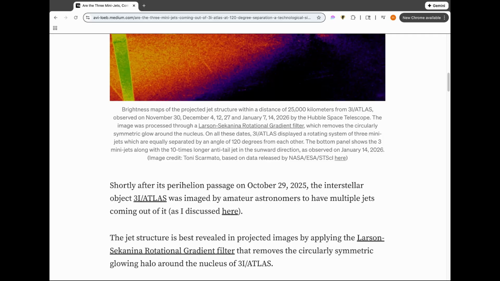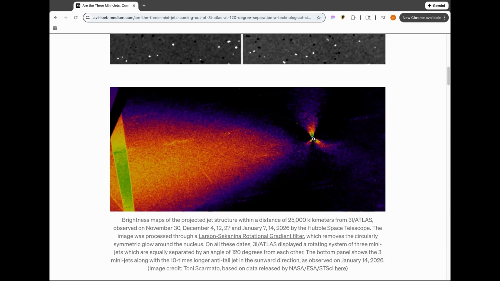You have plants, trees, you name it. Symmetry's there. And yes, those are natural things. Well, 3i Atlas, assuming 100% without a doubt it's a comet, that's just a natural thing. But it's not something that just formed out in space and is formed symmetrically. Yet we're seeing the symmetry, which is pretty goddamn perfect, 120 degrees apart. There's your 360 degrees. What are the chances?